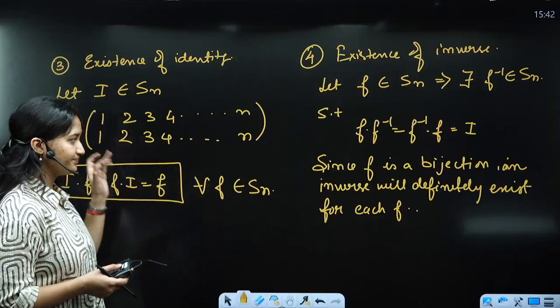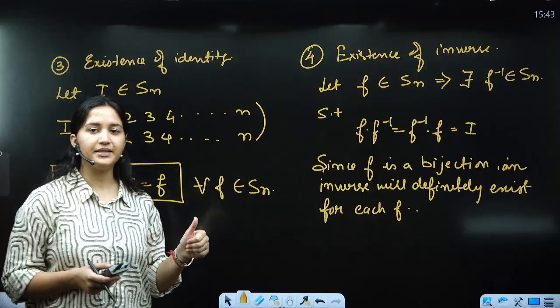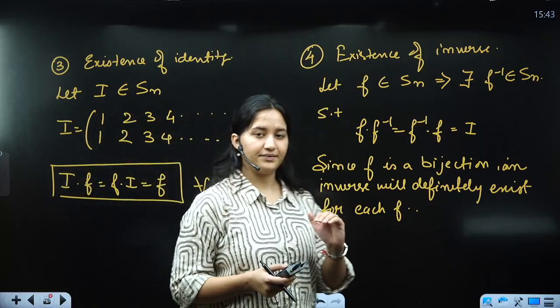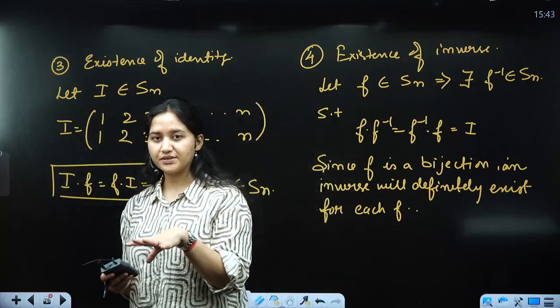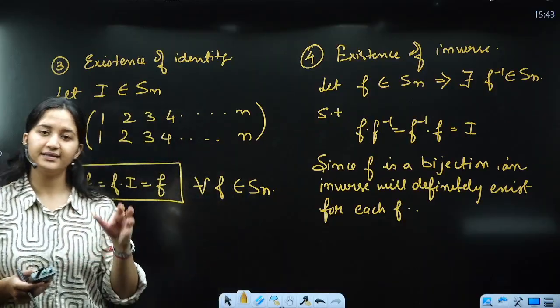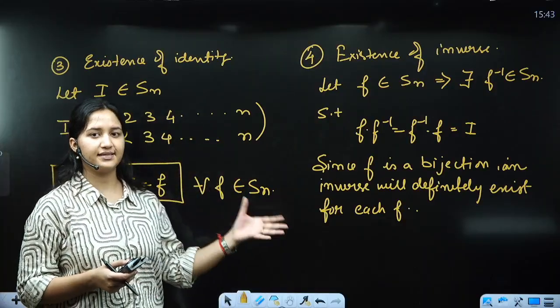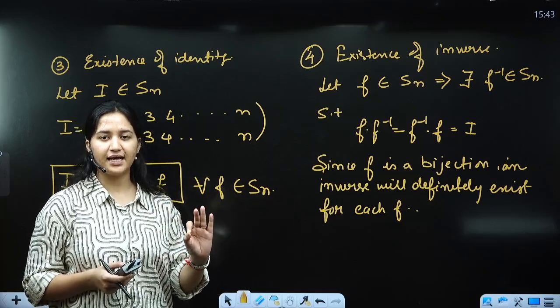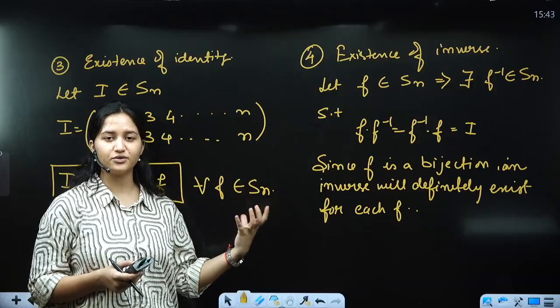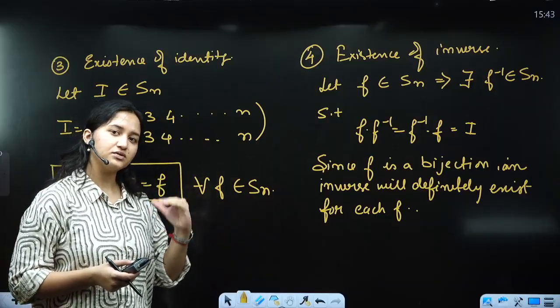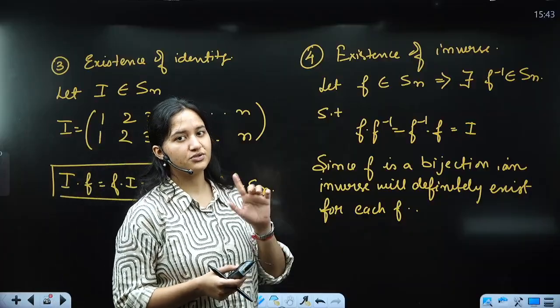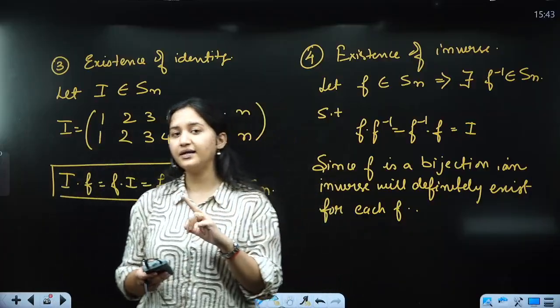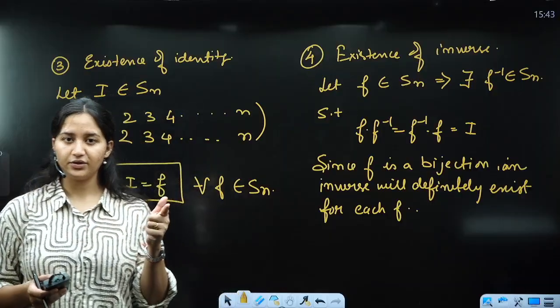After we complete abelian groups, we'll be completing cyclic groups. Then we start subgroups, with a little intro to subgroups, then we will be diving into the Sn group once again. There, for the final last time, we are going to study the Sn group in such depth. Why? Because there we'll be dealing with even permutations, odd permutations, and on the basis of that we are going to go for the alternating group.